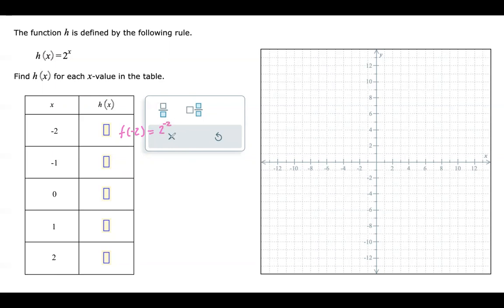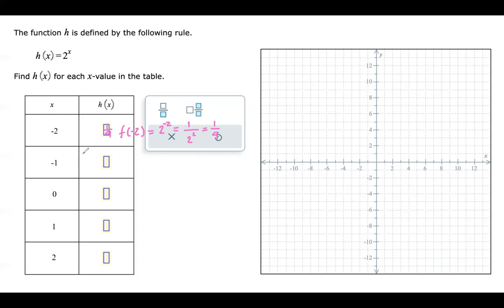Anytime you raise a number to a negative exponent, because of laws of exponents, this is equivalent to having 1 over 2 raised to the power of 2. And in this case, this is going to be 1 over 4. So that's just using laws of exponents. So this first value is 1 over 4.